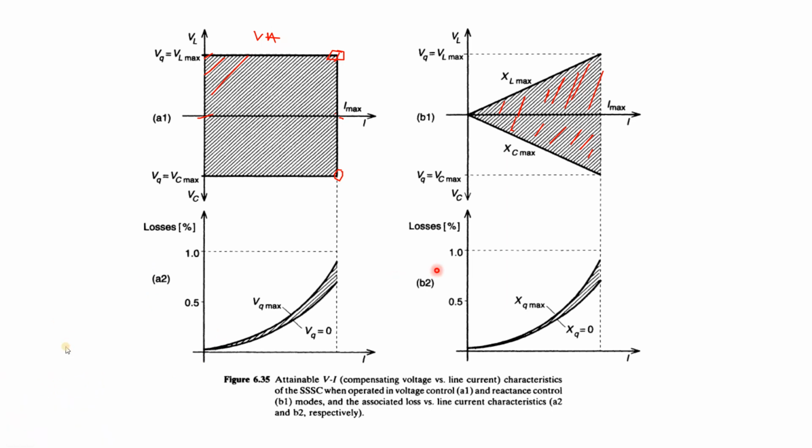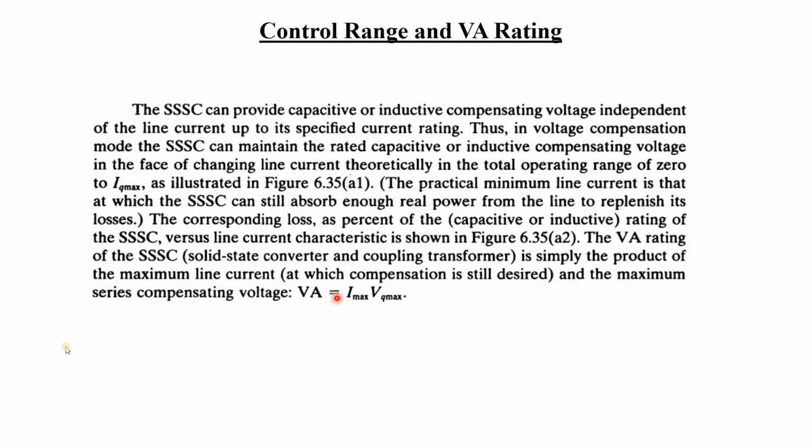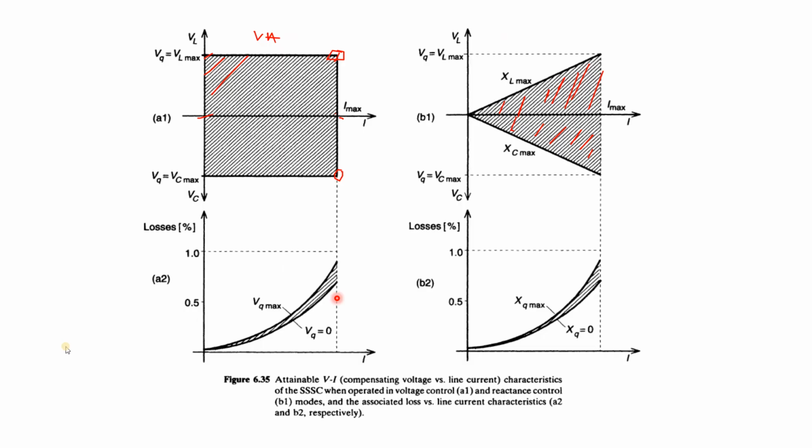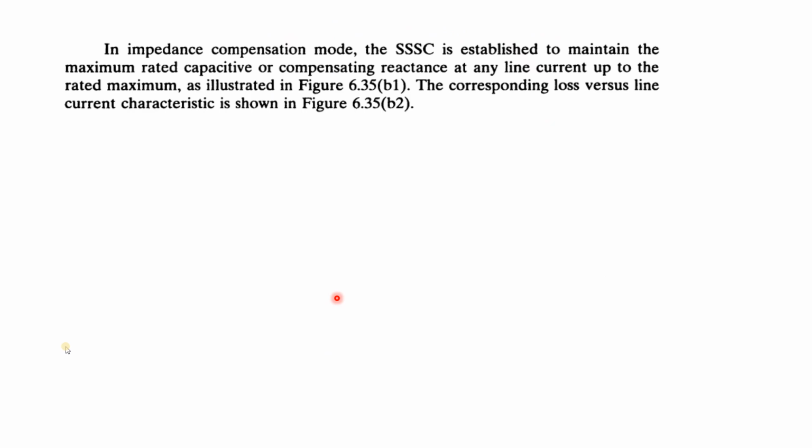Now figures A2 and B2 are showing the losses, percentage loss. So what amount of percent loss is there in the system with respect to the voltages and current, and this is the VQ max. That means for VQ maximum the loss will be maximum. So this is the control range and VA rating.